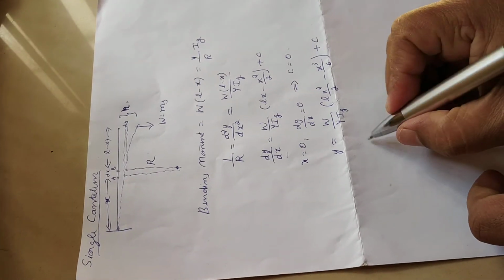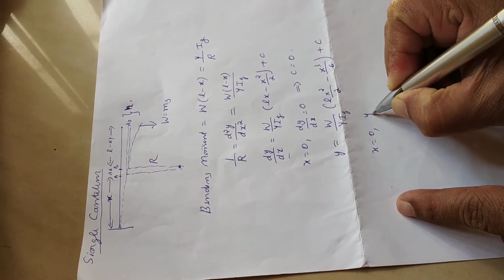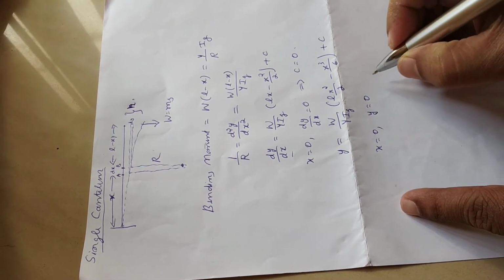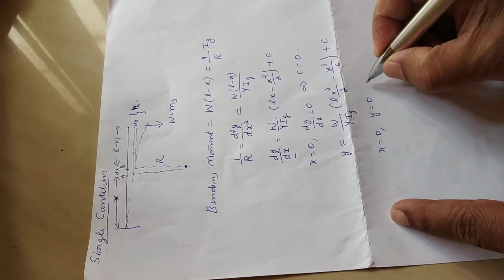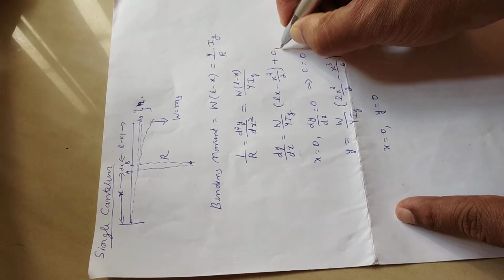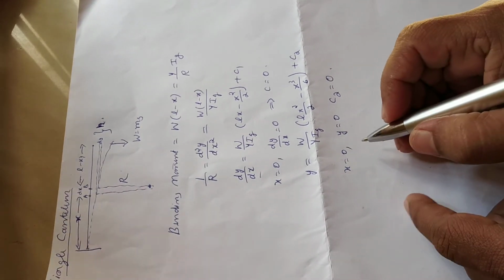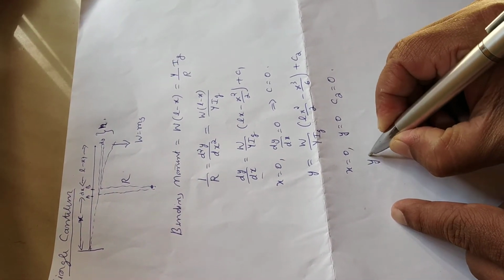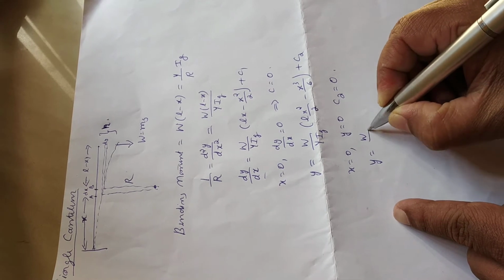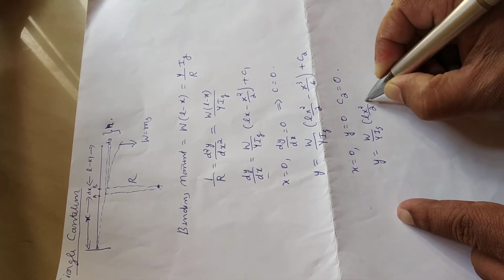Here again, if we apply the initial condition, that is at x equal to 0 the depression y is equal to 0, we again get the constant of integration. Suppose we call it c2 and here c1. So the constant of integration c2 is also 0. So finally we get y is equal to W by Y Ig into (Lx square by 2 minus x cube by 6).